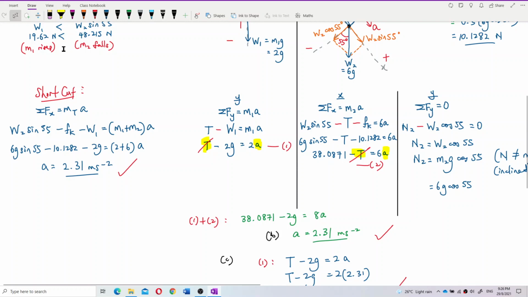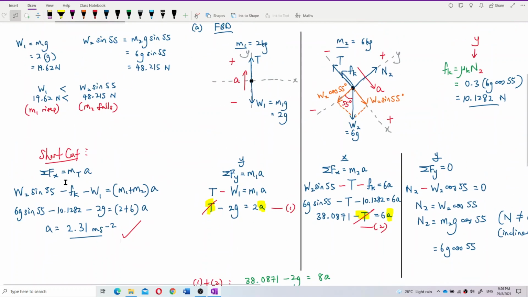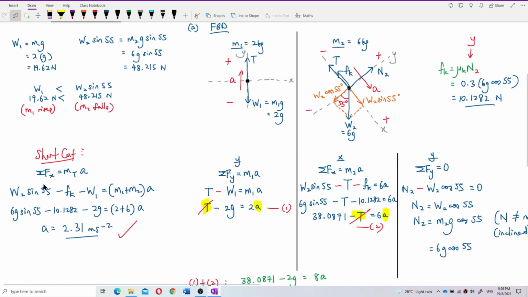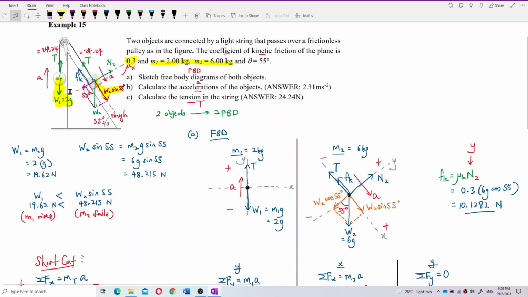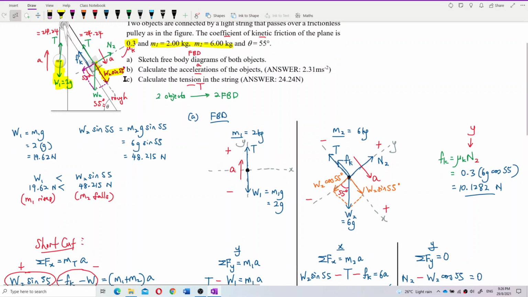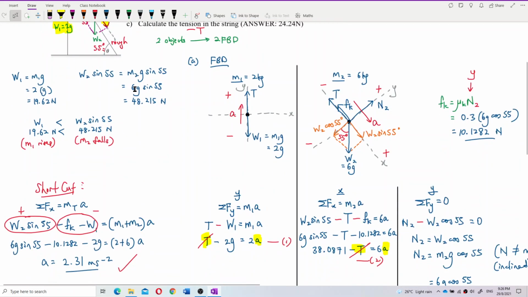Why is this positive and why is this negative? Because the W2 sine 55 follows the acceleration.